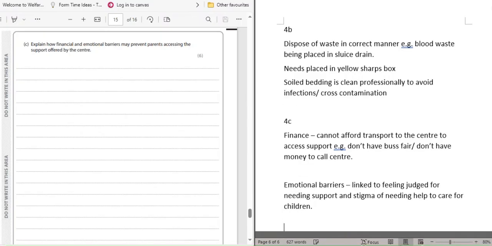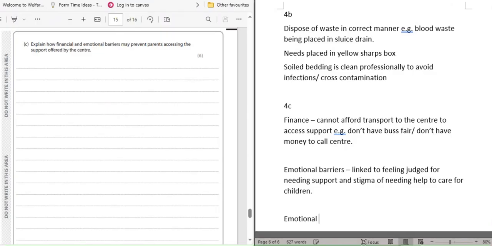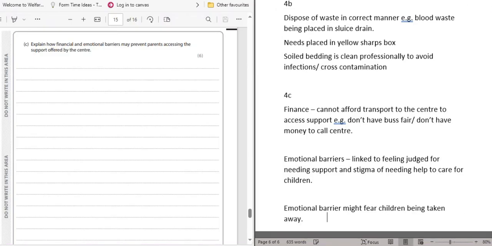And I'm going to put an extra one there as a little bonus. So emotional barrier, might fear children being taken away. So that's kind of my three there.